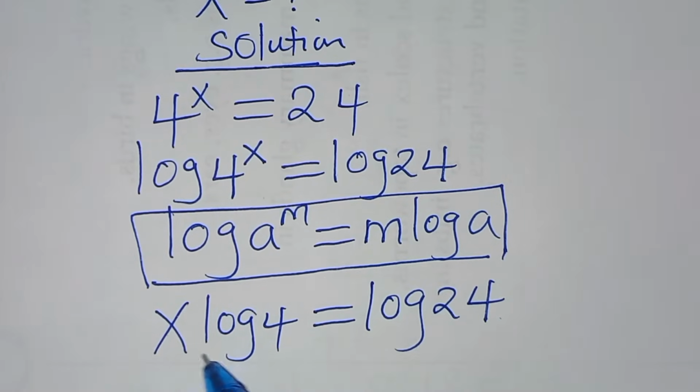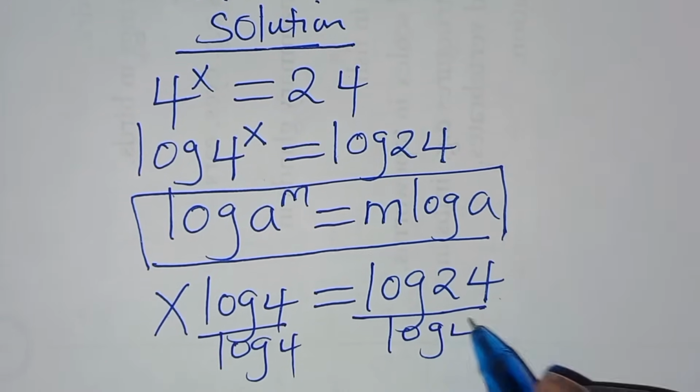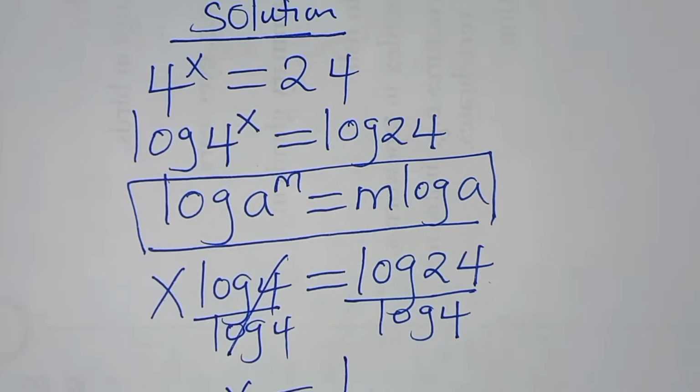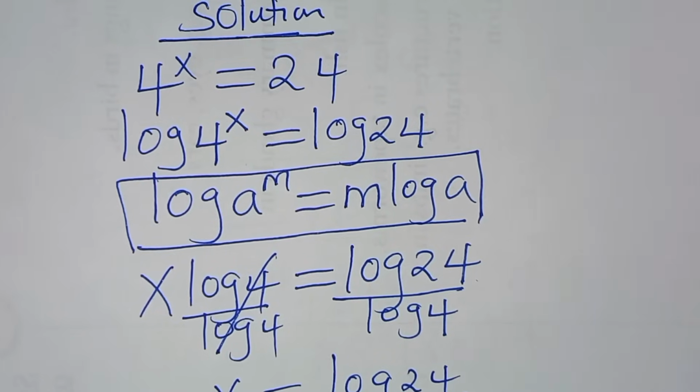The next step is to divide both sides by log 4. So here we have x equals log 24 divided by log 4.